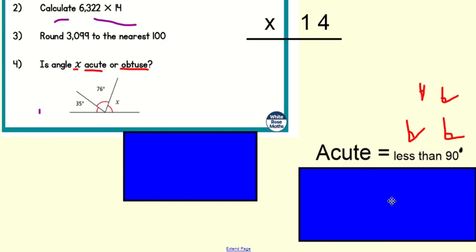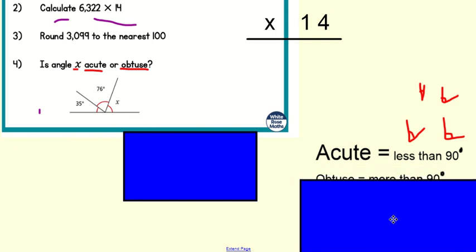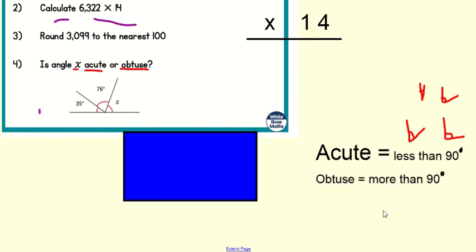Okay, so an acute angle is less than 90 degrees. What is an obtuse angle? Well done. An obtuse angle is more than 90 degrees, or bigger than 90 degrees. So if we remind ourselves, 90 degrees, the right angle. So an obtuse angle is bigger than 90 degrees. So it could look like this.